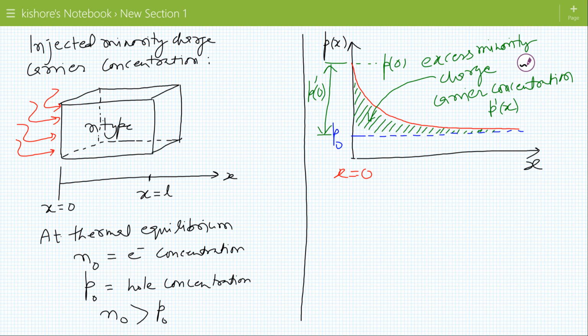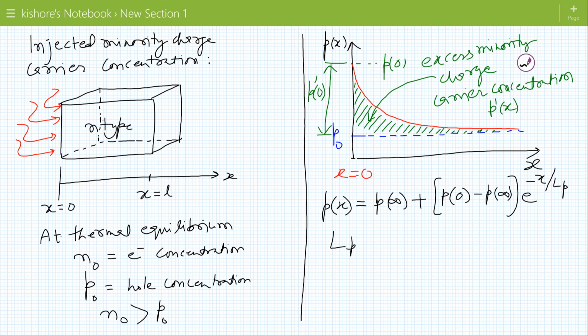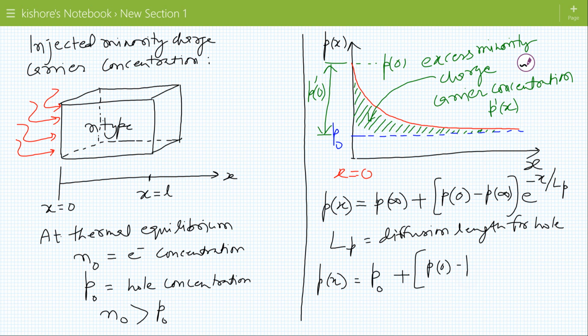Now we can write the expression for concentration of holes. For any exponentially rising or decaying signal, general expression is P infinity plus P of 0 minus P infinity e to the power minus x by LP. Here LP is the diffusion length for holes. Now substituting P infinity as P naught, P0 is P0 here, Px is P naught plus P0 minus P naught e to the power minus x by LP.